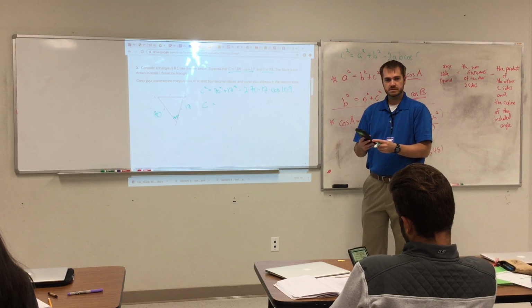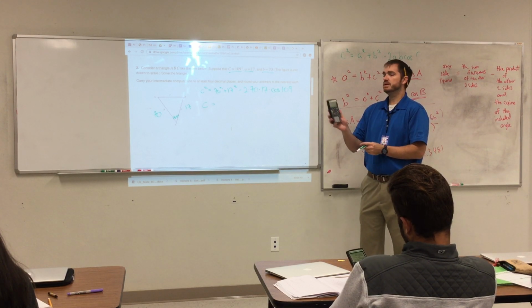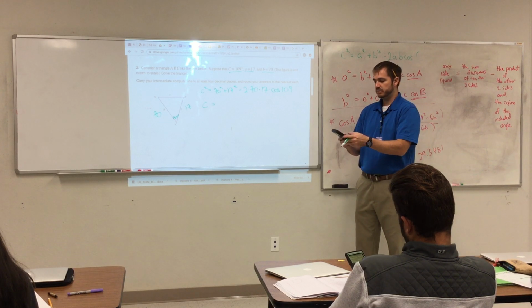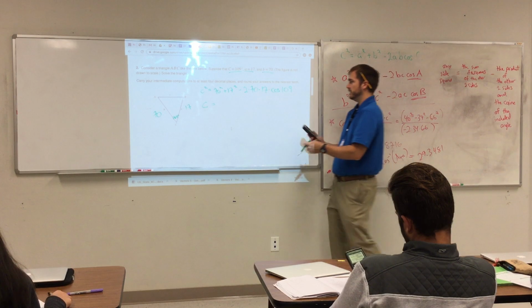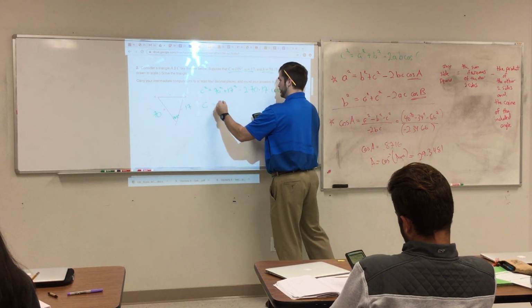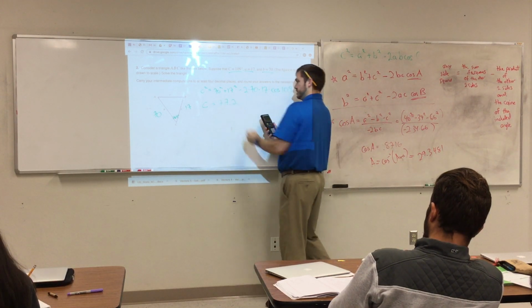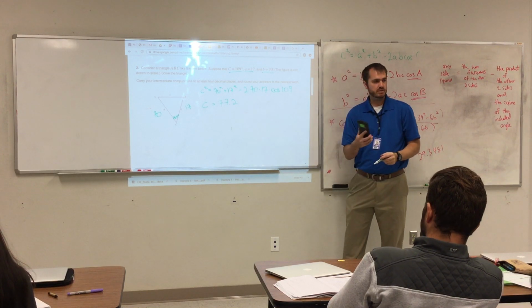Easy. That's the big number. That's the square. Now, you take the square root of that answer. Round it to the nearest tenth, you get... I got 77.2. Anybody agree?